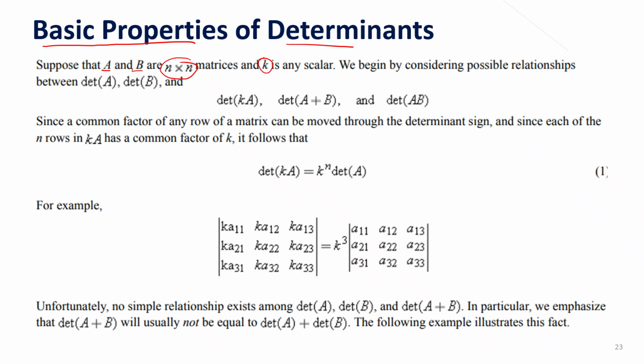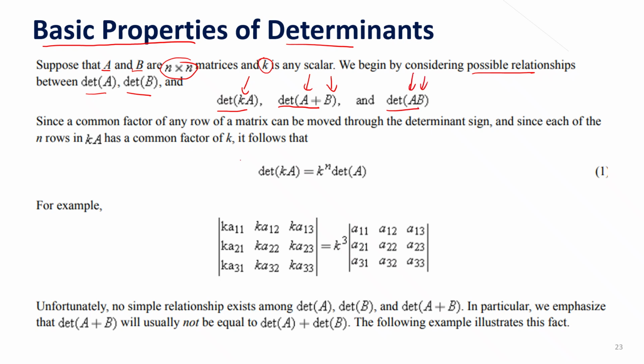Let's explore the relationships between determinant A, determinant B, the determinant of a matrix k multiplied by A, the determinant of matrix A plus matrix B, and the determinant of matrix A multiplied by B.